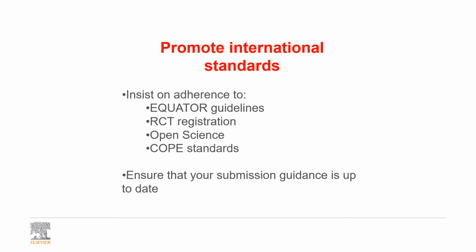Publication standards change, you notice that some things may be missing, authors bring to your attention anomalies within the guidance, say this doesn't match that part of the guidance, you need to make sure that these are all sorted as and when they arise. You shouldn't leave your submission guidance to get out of date, but at the very least you need an annual review, and it's never ever in my experience the case that submission guidance doesn't need to be updated. It always needs to be updated.